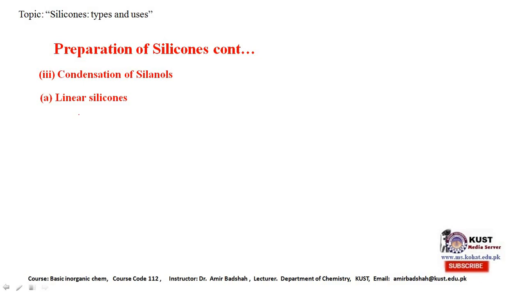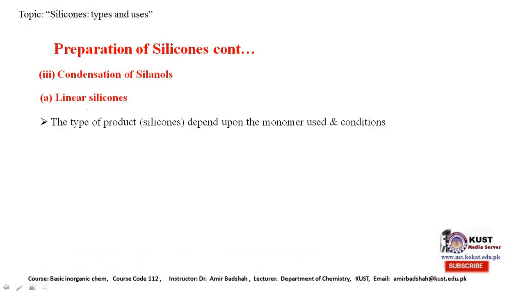It depends on how the linear silicones will be obtained, how we will get the cyclic one and how we will get the cross-linked one. This depends on the structure of the monomer as well as on the conditions. It means there are 3 types: linear, cyclic, and cross-linked or 3D structure.